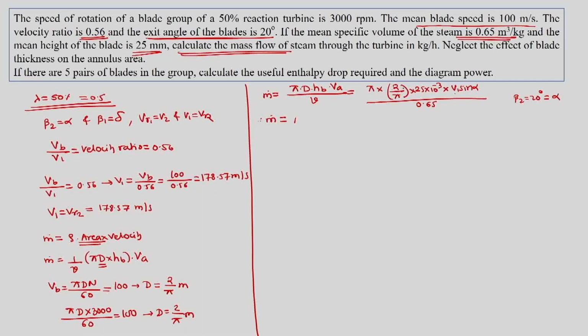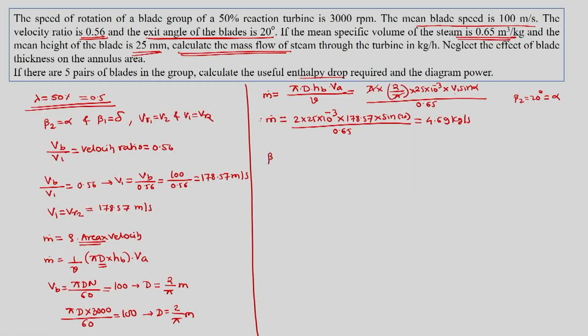Pi gets cancelled, so we have 2 into 25 into 10 to the power minus 3, V1 is 178.57 into sine of 20 divided by 0.65, and this gives us m dot as 4.69 kg per second.